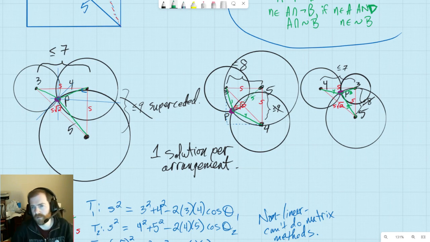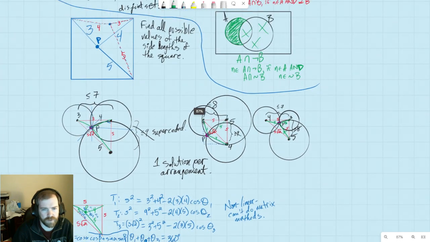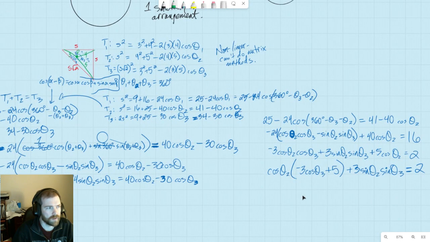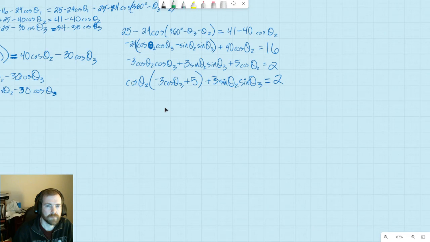Oh, I just had a thought that we could implement law of sines potentially to equate some of this stuff. We could get theta 2 and theta 3. What is their product? Well, we can't get their product.